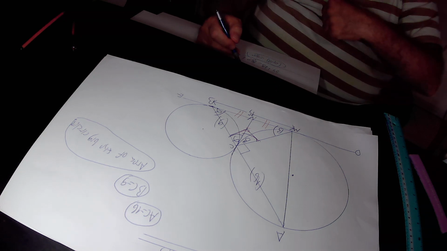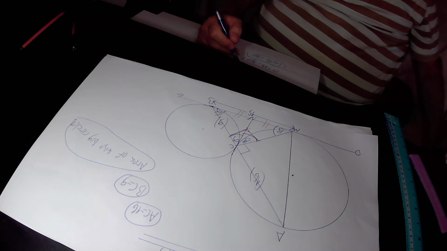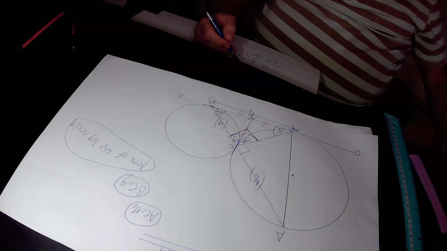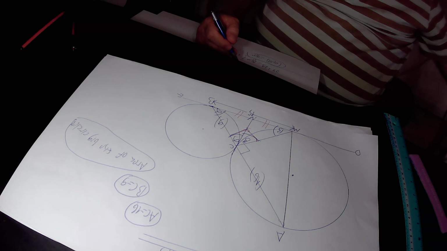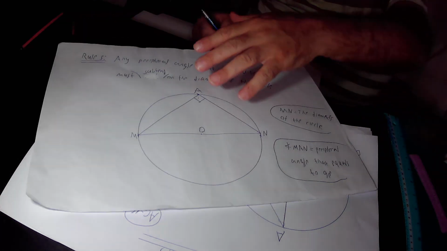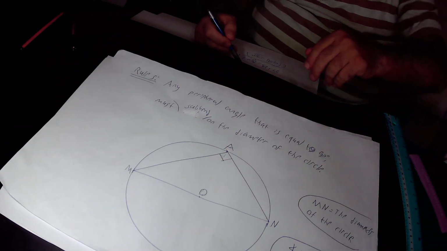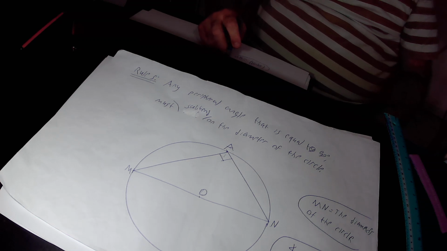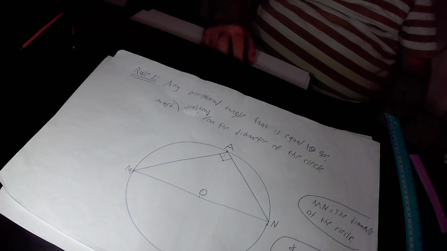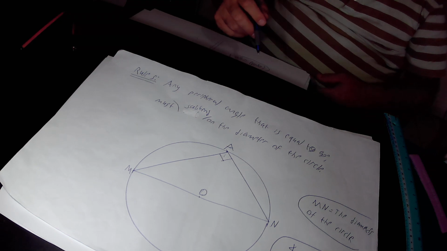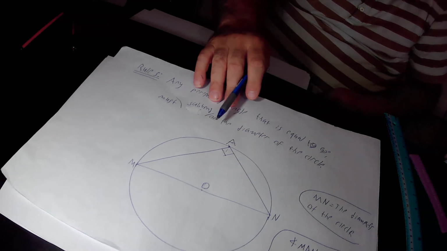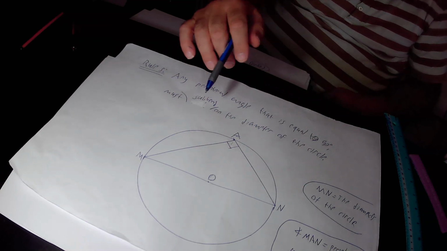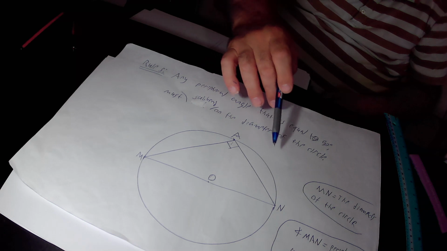So here we can implement rule 5. According to rule 5, any peripheral angle that is equal to 90 degrees must subtend on the diameter of the circle. So here we have a circle, and this is peripheral angle MAN.